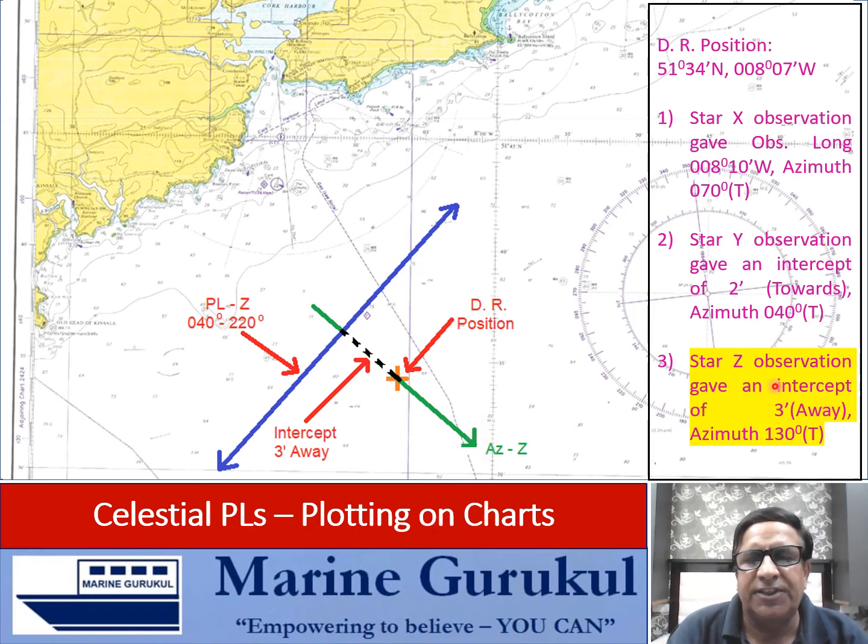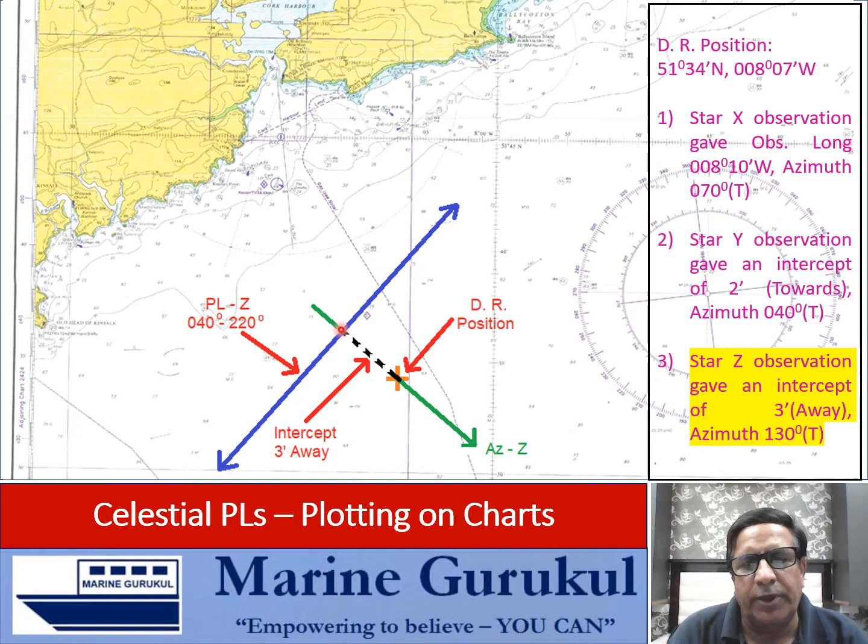The intercept in this case is 3 miles away. That means from DR, it is in the opposite direction to the azimuth. So we extend this azimuth in the reverse direction through the DR, and on this line 3 miles away from here, this point is the ITP. So where you see the highlighter cursor, this is the ITP.